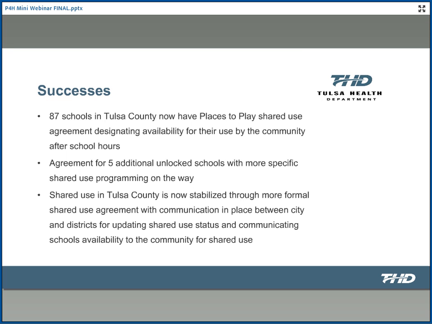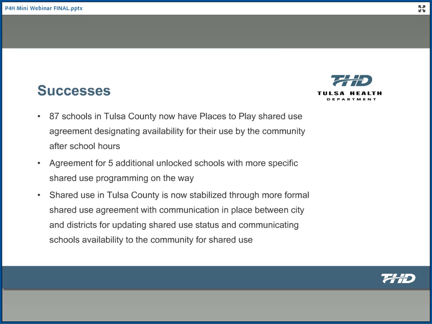And what this has done is stabilize shared use, going from informal to a more formal shared use agreement, with this communication in place between the city and the districts for updating status. The school districts are now less likely to lock a playground at the drop of a hat, because they know that we have this agreement with them and we're communicating to the community about this availability.